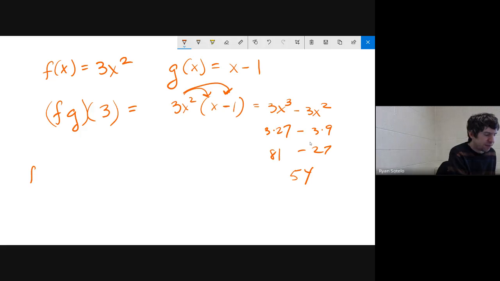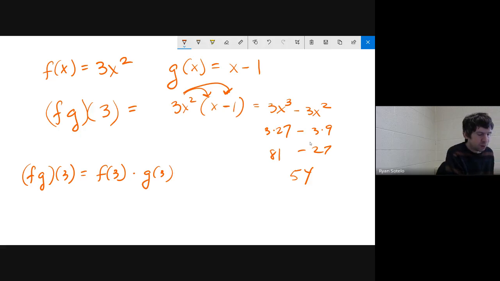Otherwise, you could think of f times g of 3 as f of 3 times g of 3. And you can just plug them in directly. So that would be 3 times 3 squared is 27, times 3 minus 1 is 2.